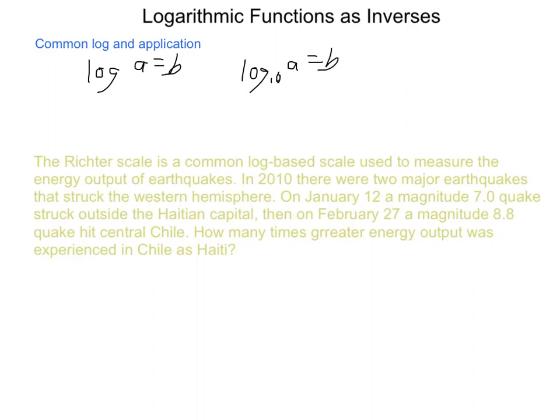Our common log, and anytime you're using a calculator, the log that it defaults to is base 10. In our next lesson, we will talk about ways of using technology to be able to change the base and evaluate expressions such as log base 3, base 9, base 36, like what we just worked with.